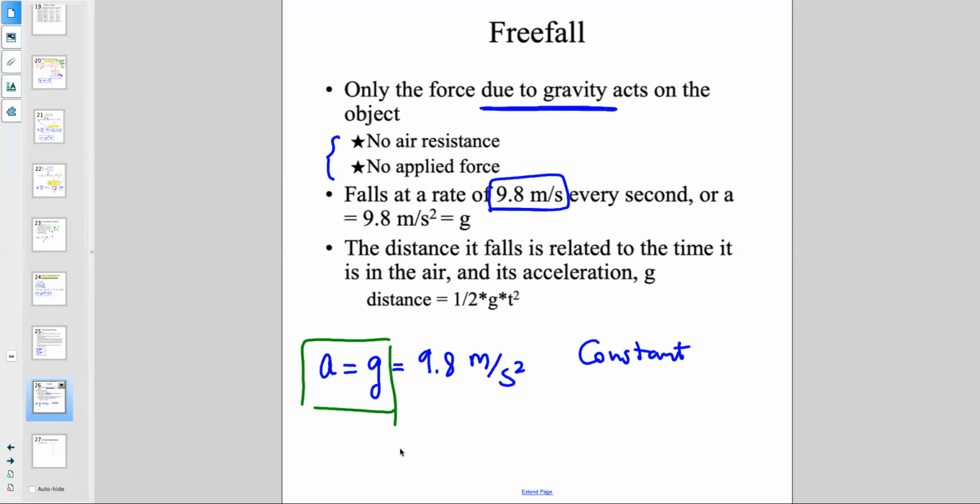A free fall means constant acceleration, but this time the acceleration is due to gravity of the Earth, and it's always 9.8, always towards the Earth center.